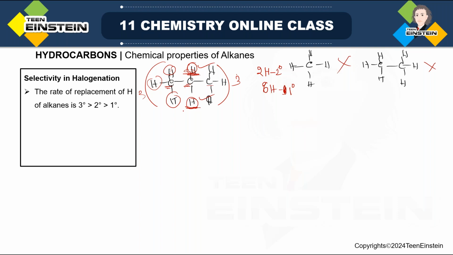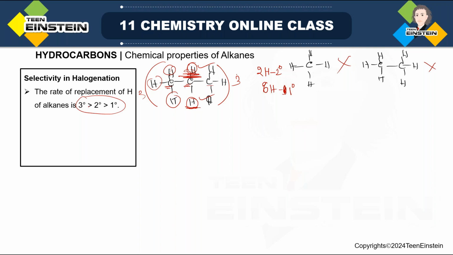And details of radical, why it is more stable, everything we have discussed in the previous unit, which is basics of organic chemistry. There we have already seen that. So 3 degree radical is more stable than 2 degree, because when you break this CH bond, the dot over carbon, that carbon is more stable. So because of this stability, we get this type of order. The rate of replacement of hydrogen of alkane is like this.